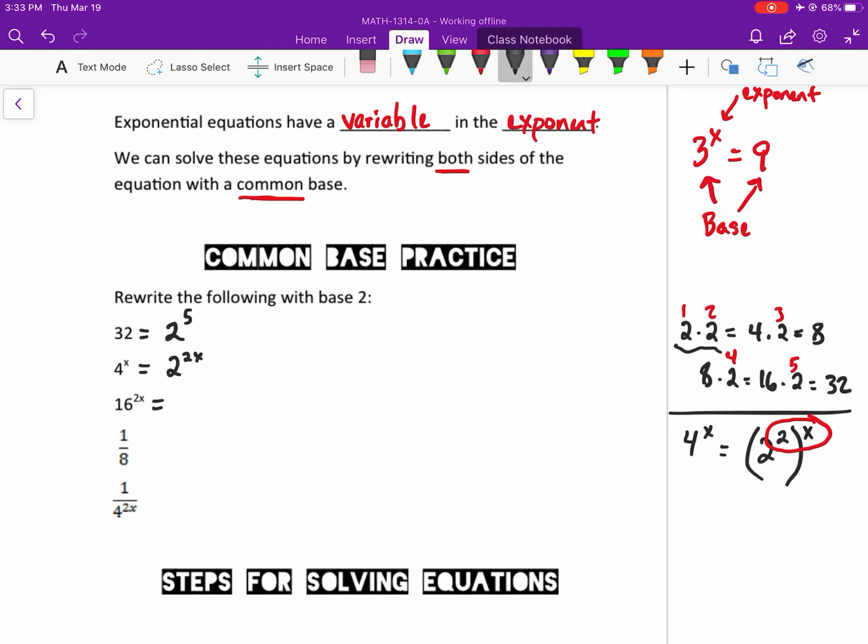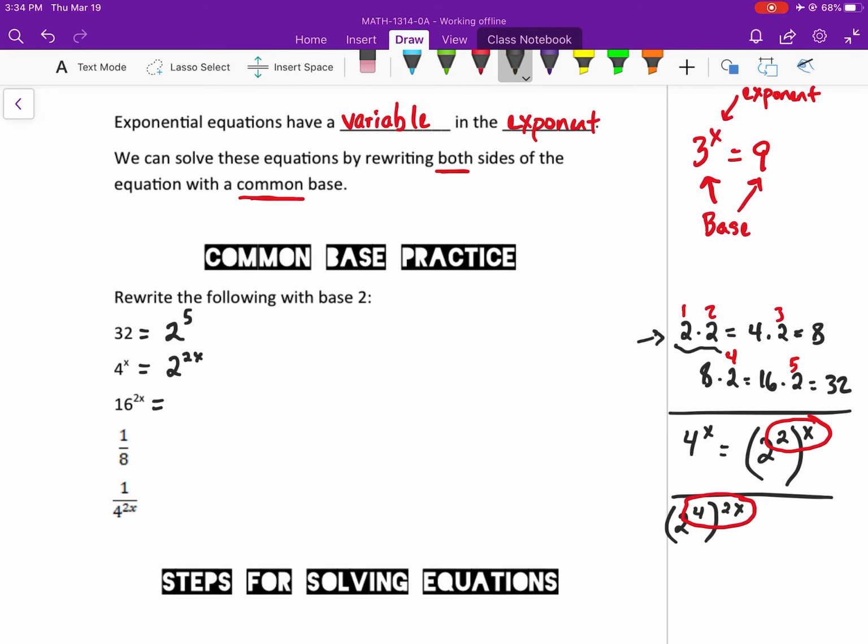Alright, next one down, 16 to the 2x power. Alright, 2 to the what power is 16? Again, I go right back up here. How many 2's did it take us to get to 16? 1, 2, 3, and 4. So 2 to the 4th power is 16. But let's not forget it already had a power there, 2x.